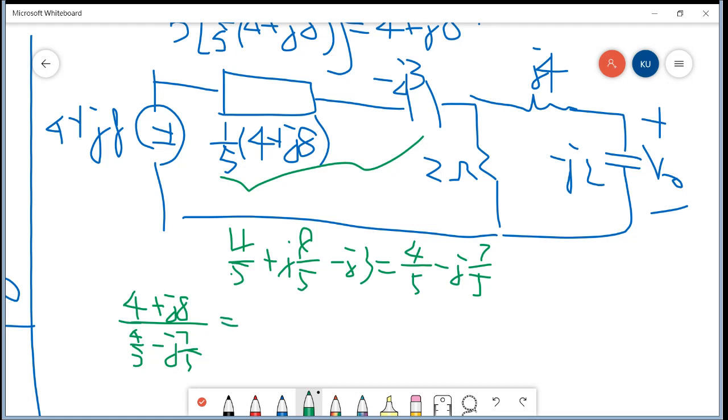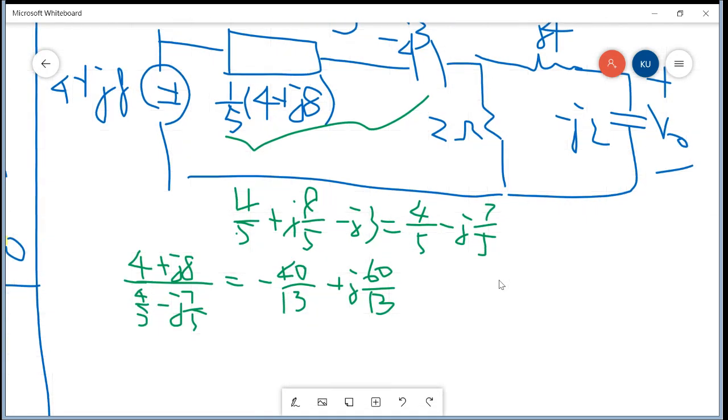And then after some calculation, we'll know that it would be minus 40/13 plus J60/13, something like this.